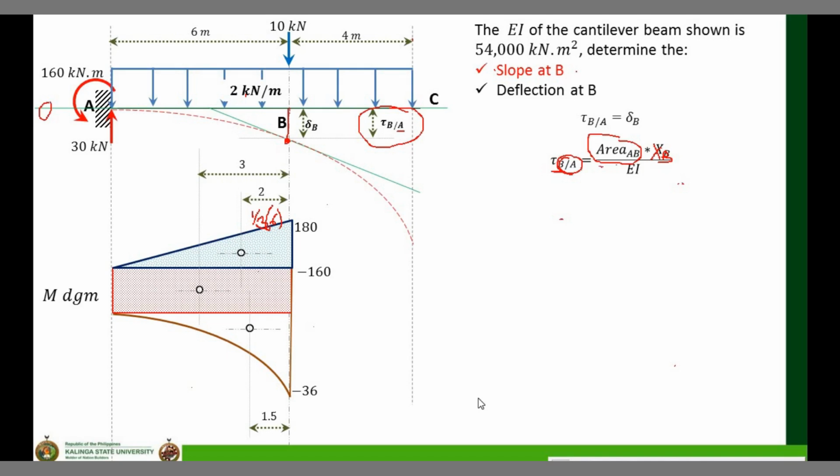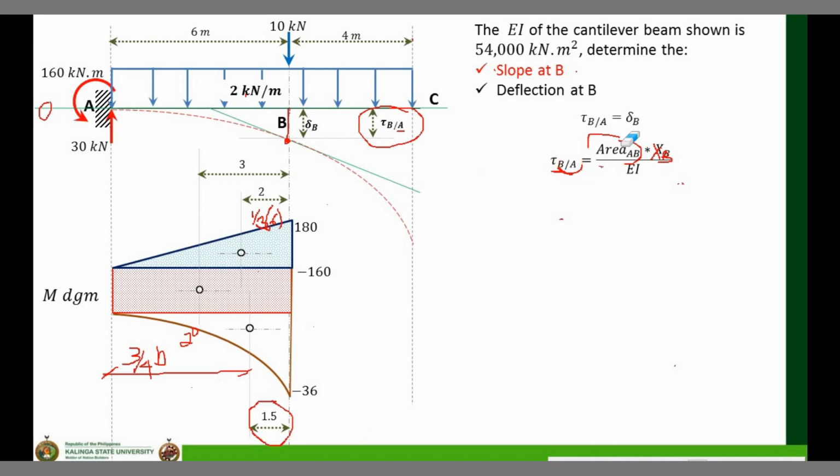If you go back to your geometry, the centroid of the spandrel, since this is a second degree curve, is 3/4 of your base from the longer side. 3/4 of 6 is 4.5, and our concern is the distance from the centroid to point B. So, 6 minus 4.5, that is where I got 1.5.